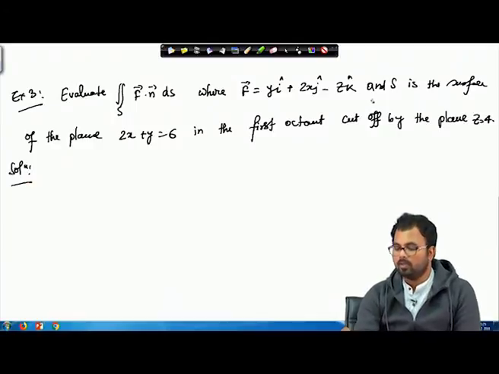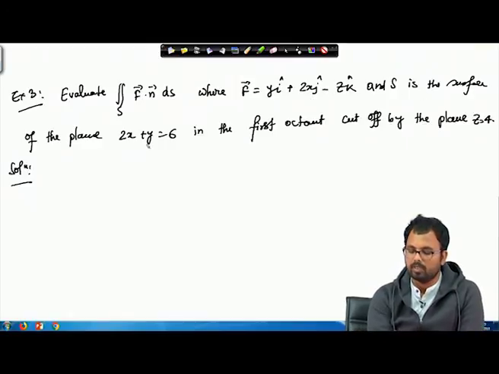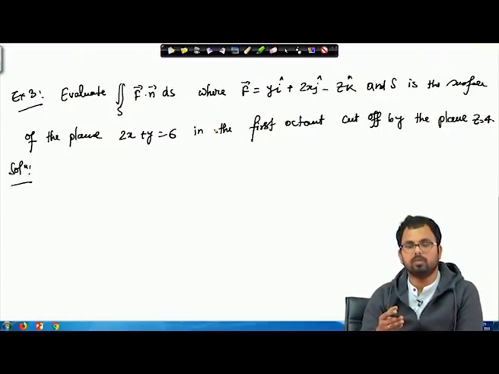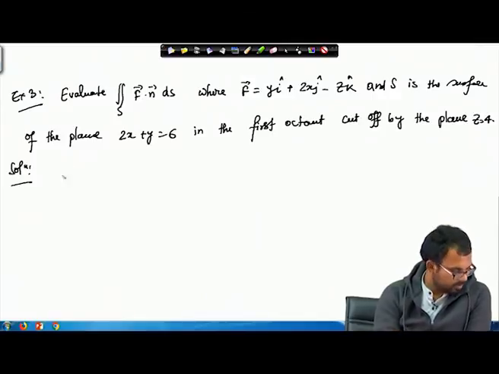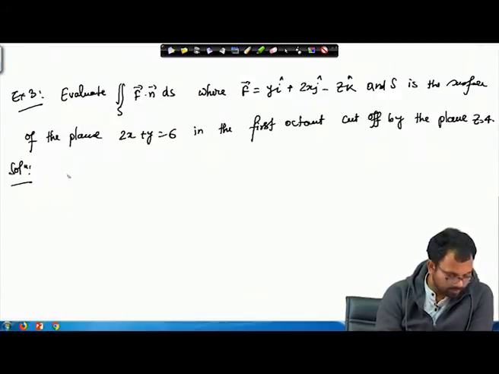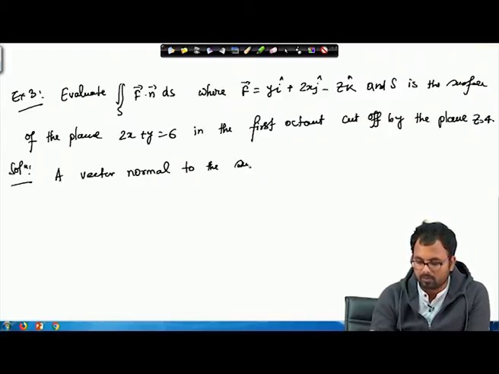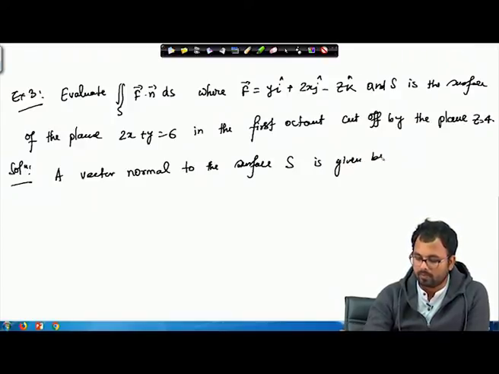So, here we have a given vector function, and S is the surface of the plane in the first octant cut off by the plane z equals to 4, right. So, that is the given equation of the surface. Now, first of all we will calculate the normal. So, a vector normal to the surface S is given by, let us say, n equals to gradient of 2x plus y minus 6.